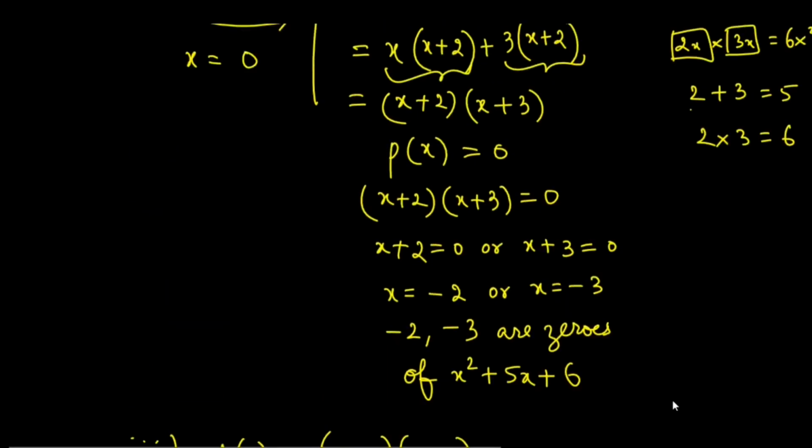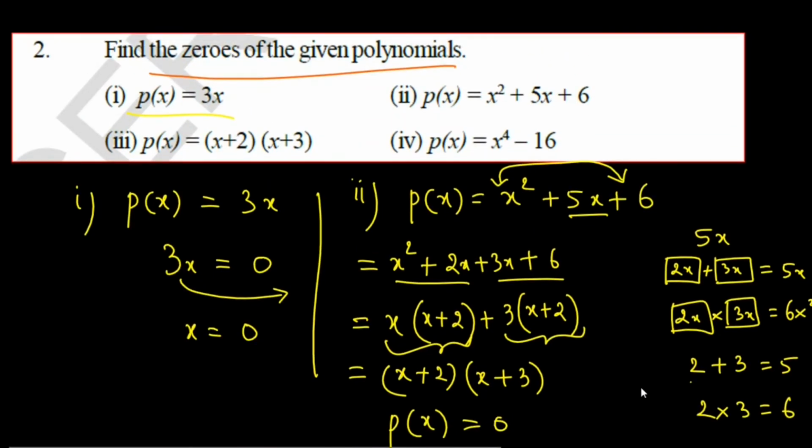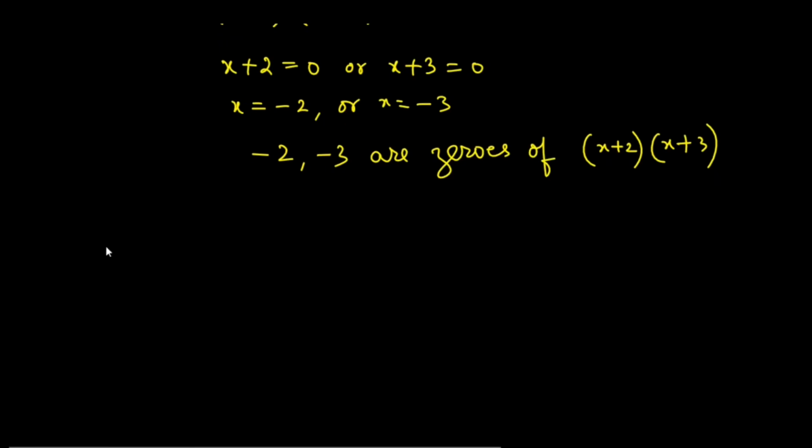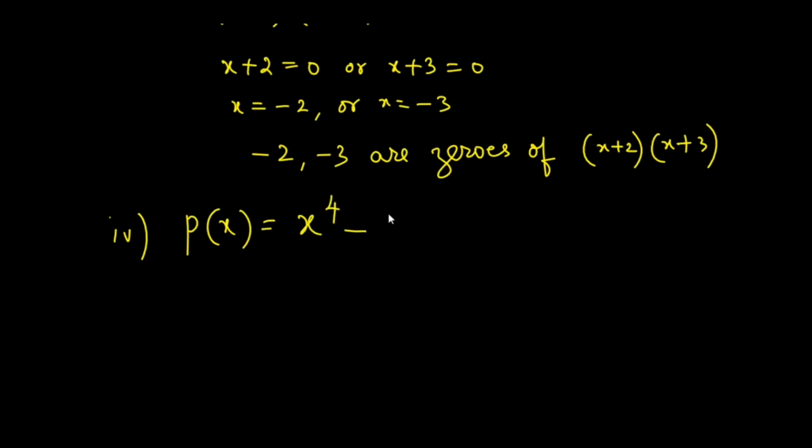The fourth one is x power 4 minus 16. Fourth one, p of x is equal to x power 4 minus 16. To find the zeros of this polynomial, we have to equate the polynomial to 0. x power 4 minus 16 is equal to 0.